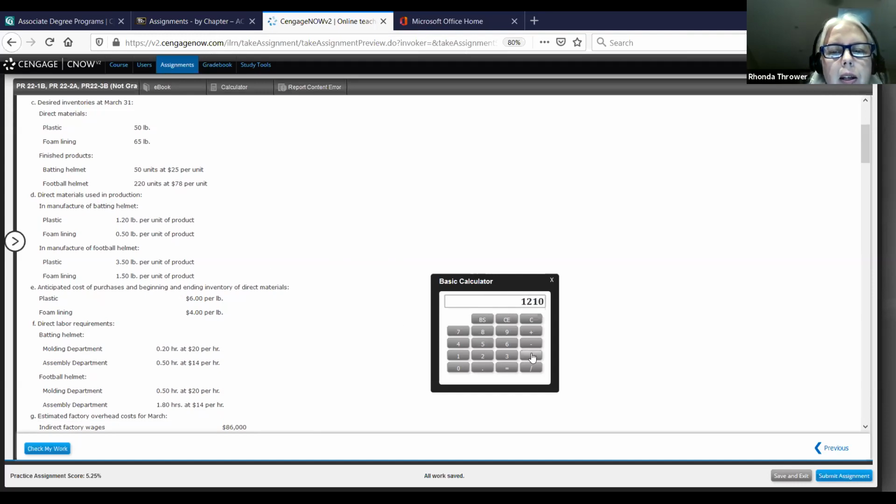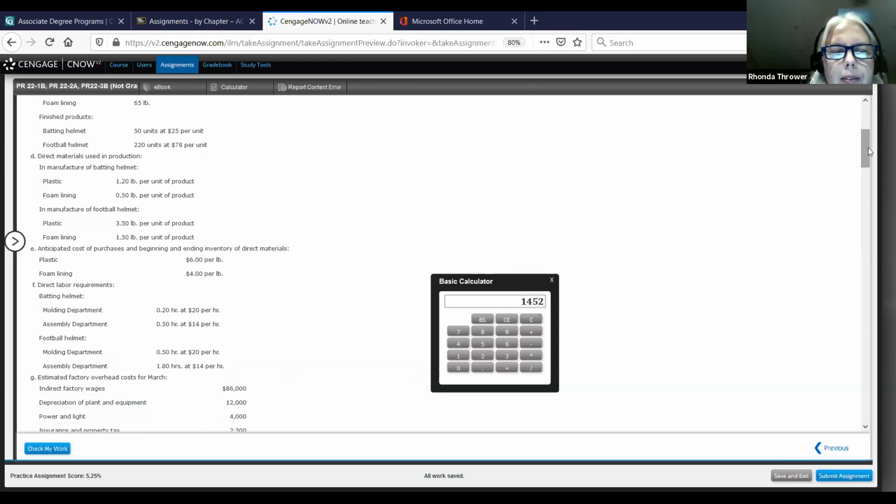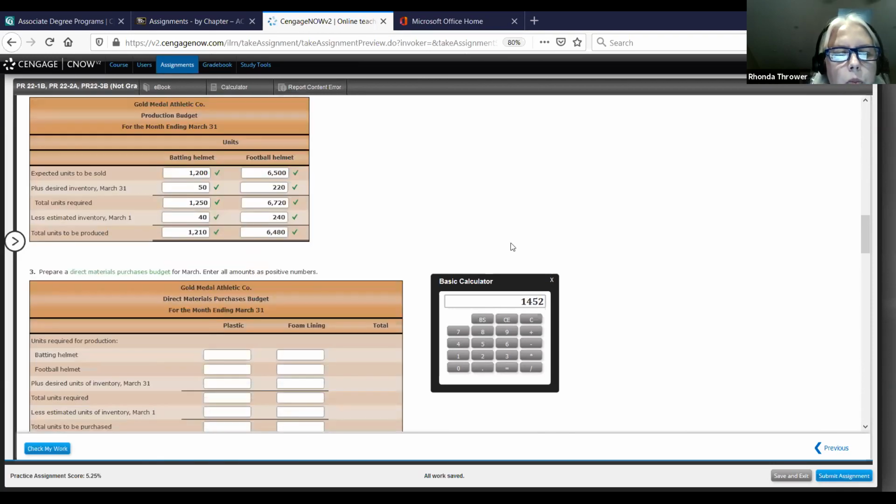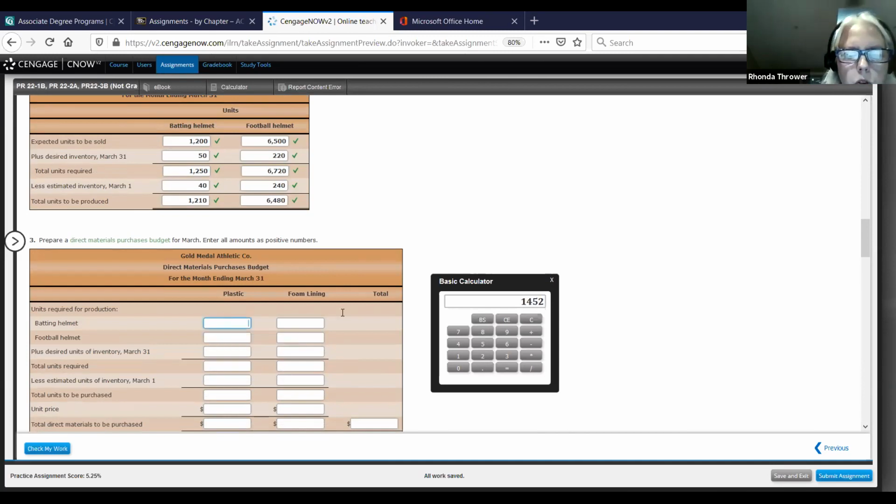So 1,210 times 1.5 pounds will give you 1,452 pounds of plastic that we're going to use in the batting helmets. So I'm going to go back to my direct materials purchases budget, and enter in 1,452. And again, I got that by taking the total units produced times the amount of plastic that it takes to produce one unit.